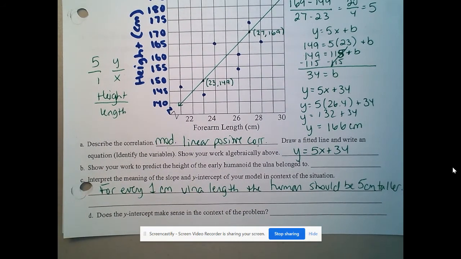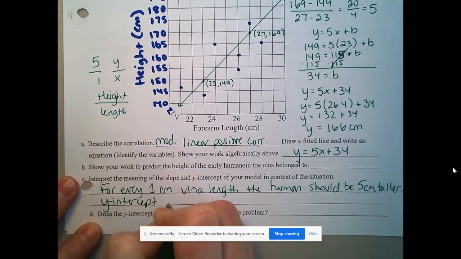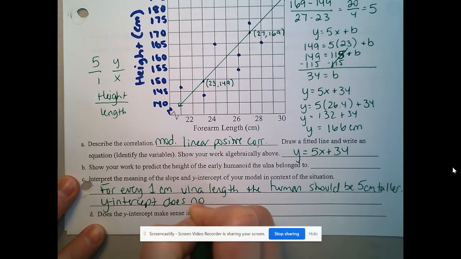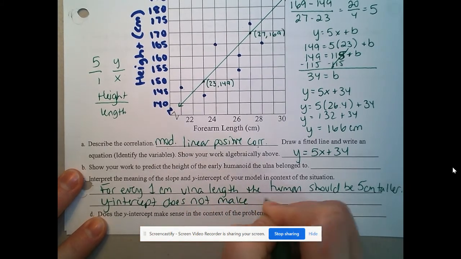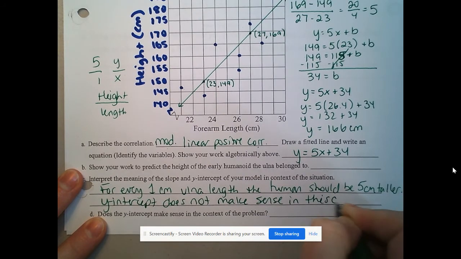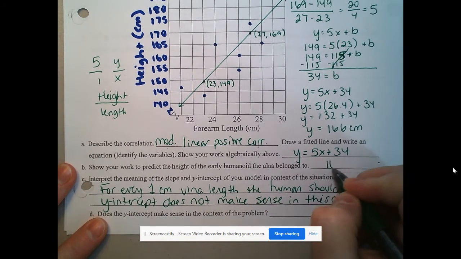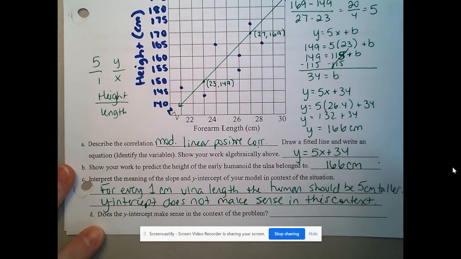All right. And we said that the y-intercept does not make sense in this context. Just can't extend that far down. And I noticed that I skipped this question we had already answered. Show your work to predict the height of the early humanoid. We got 166 centimeters.